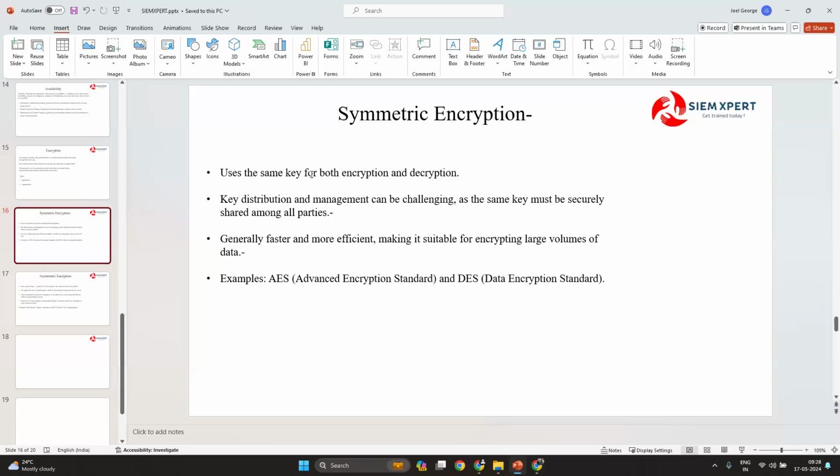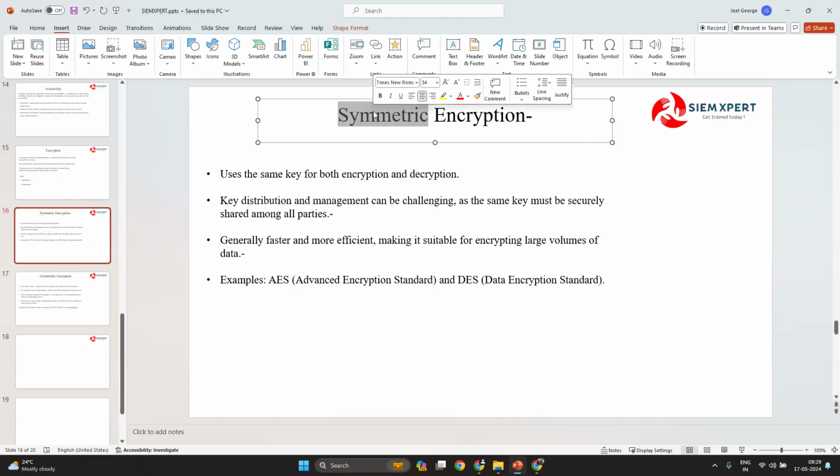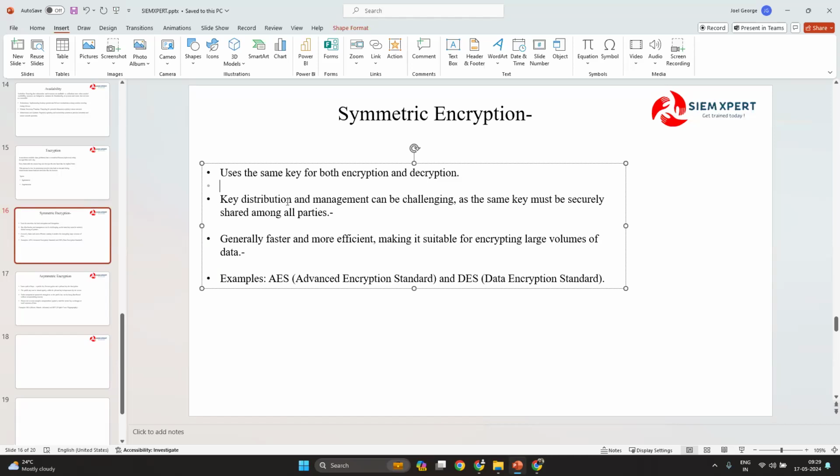While exchanging keys over the internet, you cannot use symmetric encryption, because the same key is used for encryption and decryption. If the key is compromised over the internet, it results in unauthorized access of information. So symmetric encryption is never used for transmitting keys over the internet, but it is used to encrypt data if there is a large volume of data.